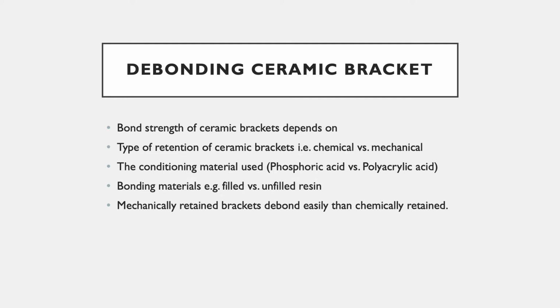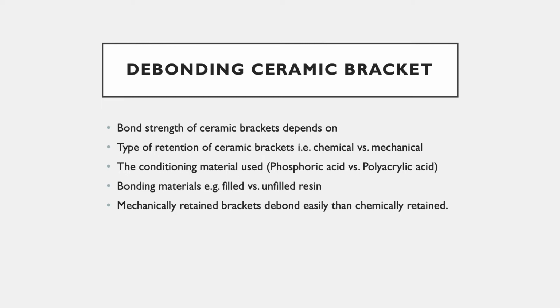Debonding ceramic braces. Bond strength of ceramic braces depends on the type of retention used for the bonding of the ceramic braces. If it is chemical bonding, it is stronger versus mechanical bonding. The conditioning material used, either phosphoric acid or polyacrylic acid, also matters.